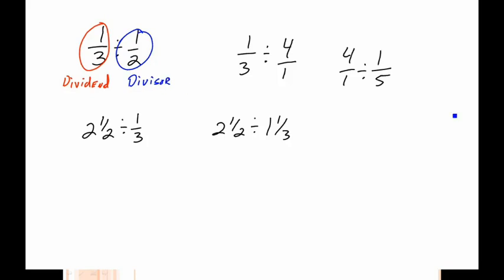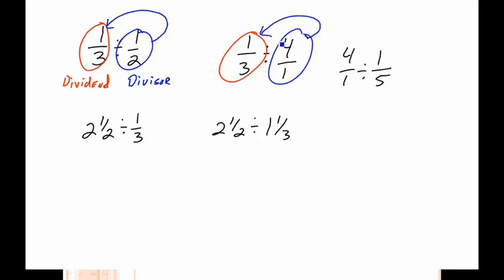And in every one of these problems, we're trying to take our divisor and put it into our dividend. How many times will our divisor go into our dividend? So in this problem, the dividend is 1/3. The divisor is 4. We're going to see how many times we can take 4 and put it into 1/3.